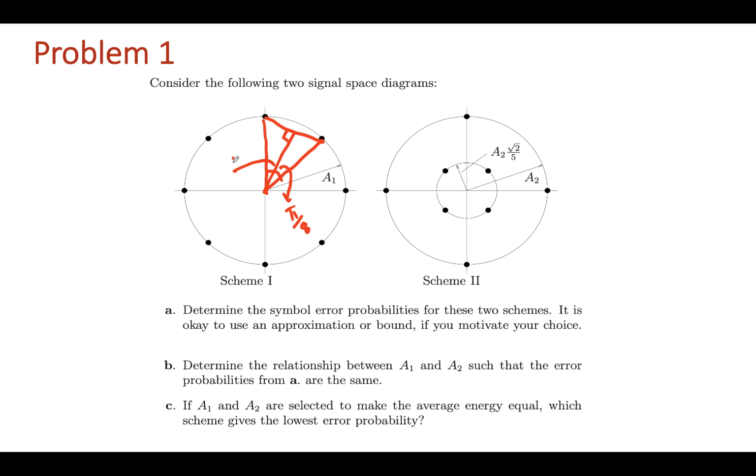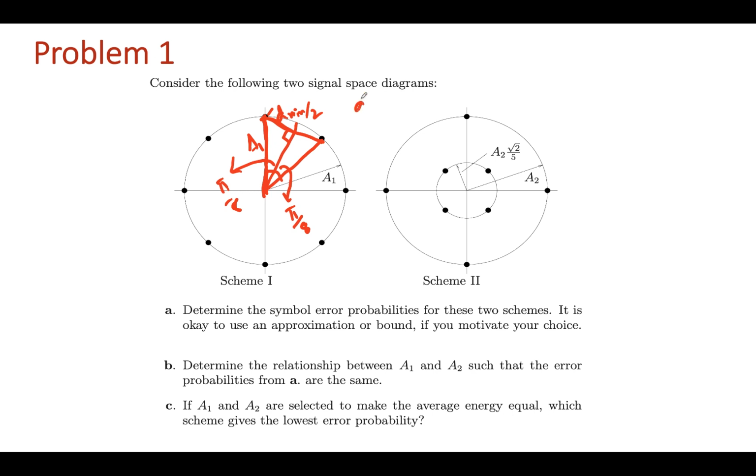Okay, and this total distance is d min, so this part is d min by 2. Okay, so sine of this pi by 8 is d min by 2 divided by this length, which is a1.